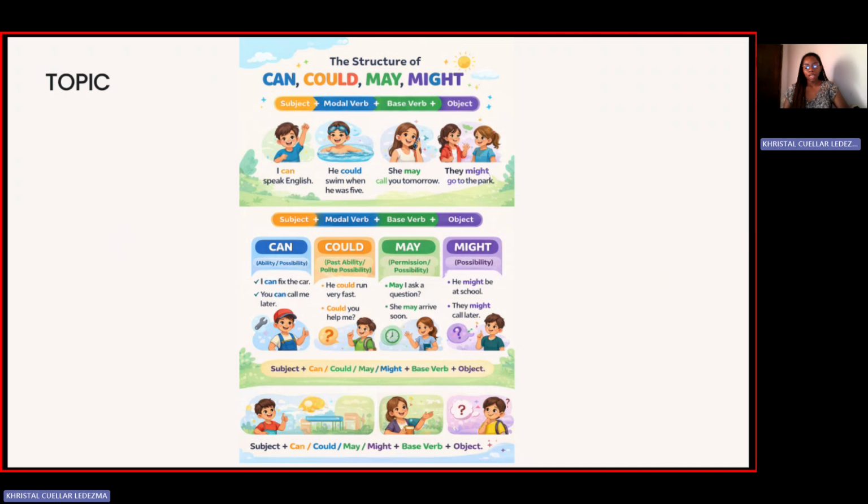Now, with the second one, he, you have the subject, could, modal verb, swim, base verb, when he was 5. That is the object of the sentence. Now with this next one.